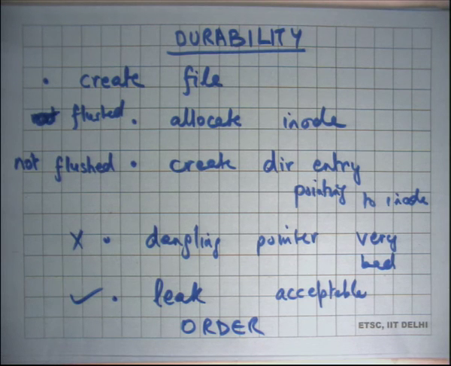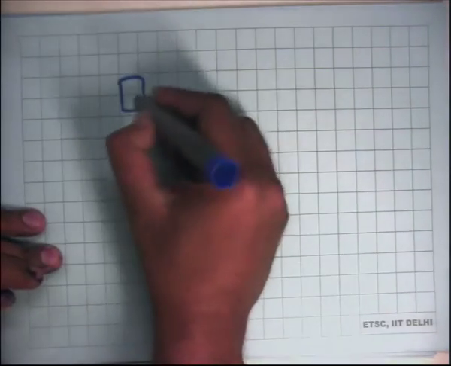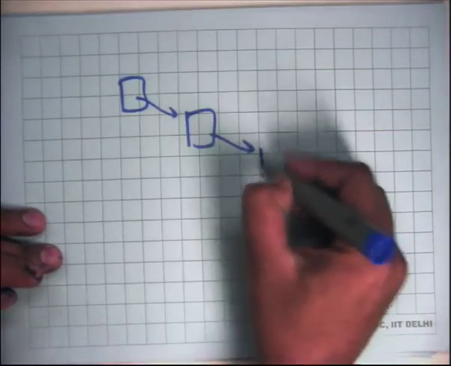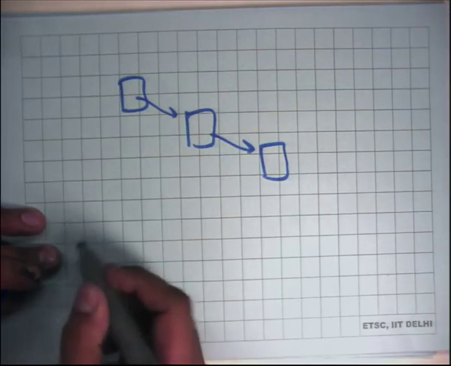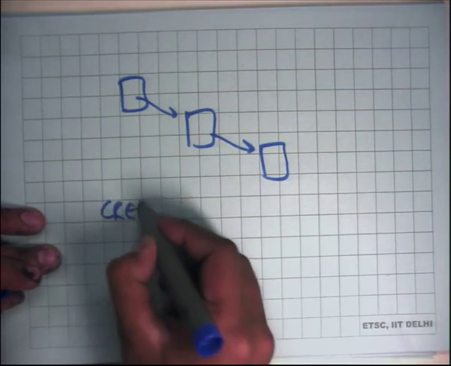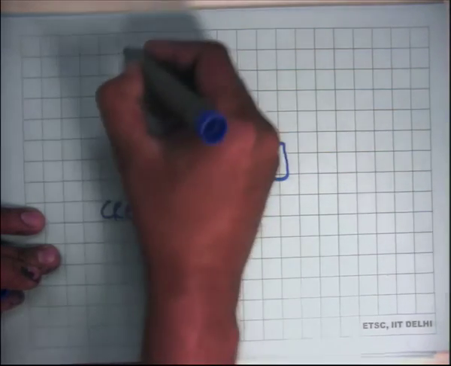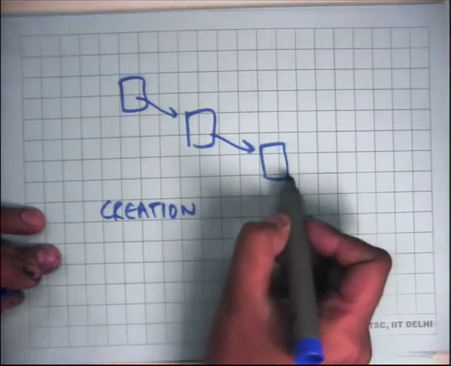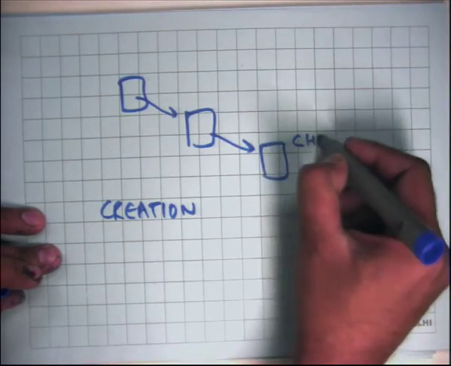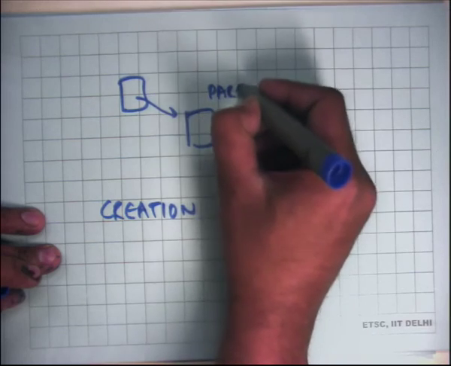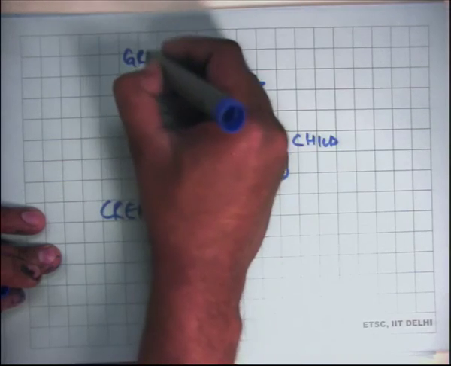Let's assume a write-through cache for the timing. So in general, if there's a data structure that has something like this, let's say these all have parent-child relationships. So this is, let's say, child, this is parent, and this is grandparent.